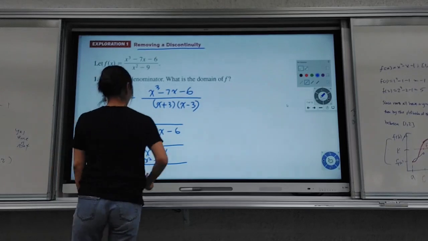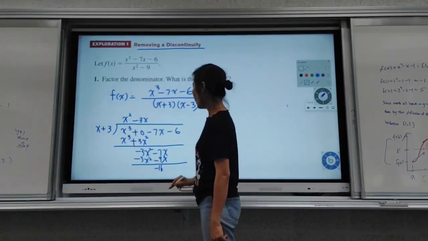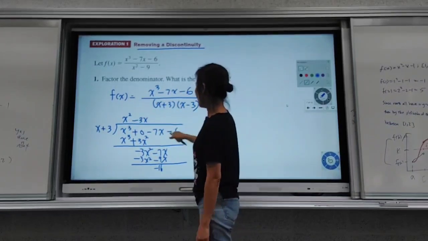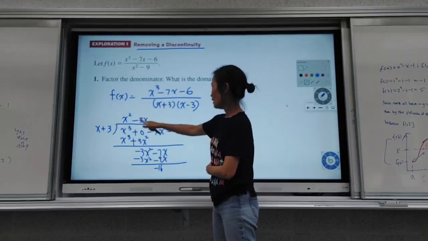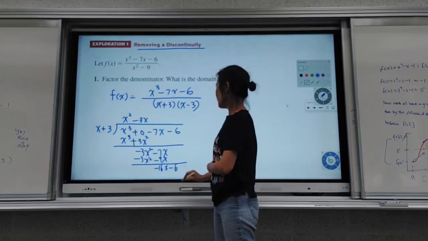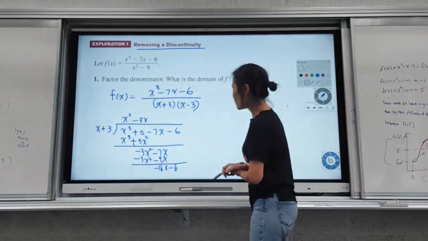So I got negative 16x. Am I doing something wrong? Oh, right here. Yeah, that's right. Yes, 9, okay? So looks like this one is not gonna work. I feel like I'm doing something wrong.